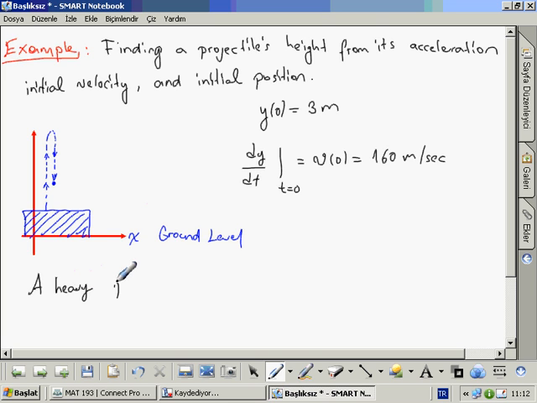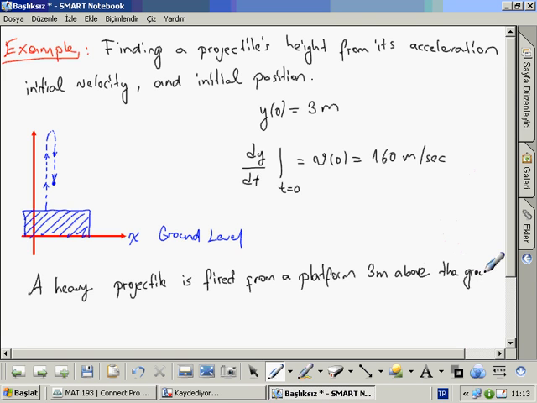A heavy projectile is fired from a platform three meters above the ground, with an initial velocity of 160 meters per second.